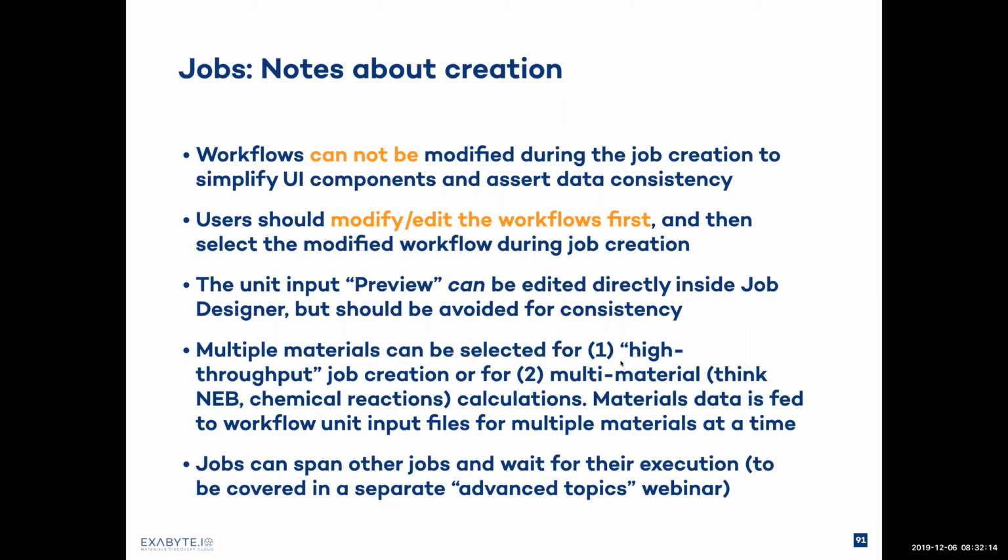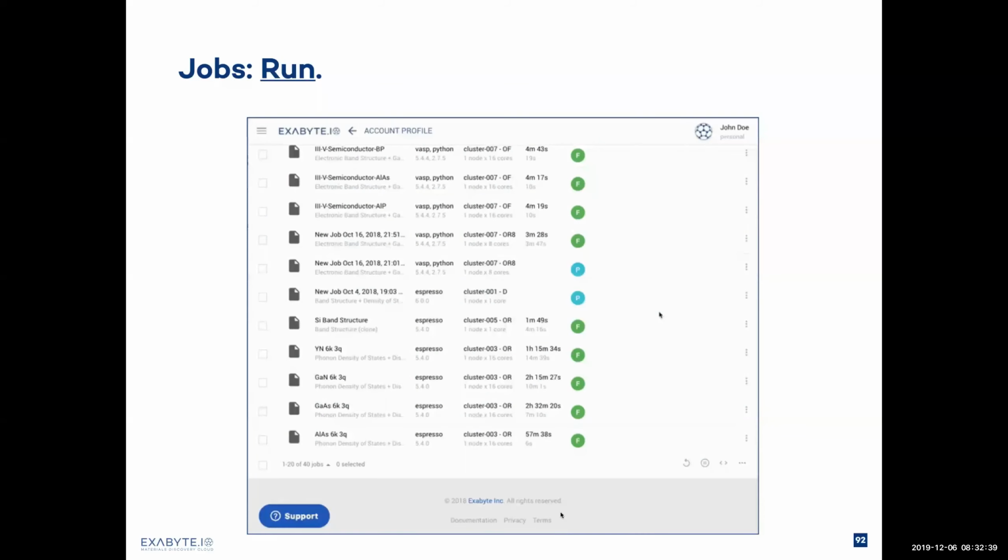Multiple materials can be selected for the high throughput type calculations, where multiple materials create multiple jobs, or multiple materials can be selected for multi-material calculations like NEB, chemical reaction workflows, and such. Jobs can also spawn other jobs and wait for the execution, but that's a topic for a separate discussion in the advanced topics webinar.